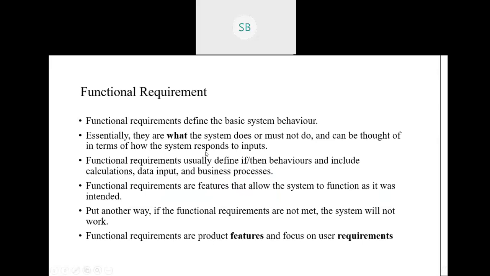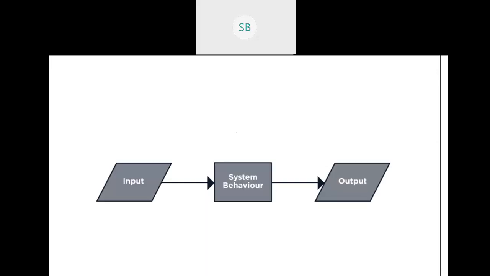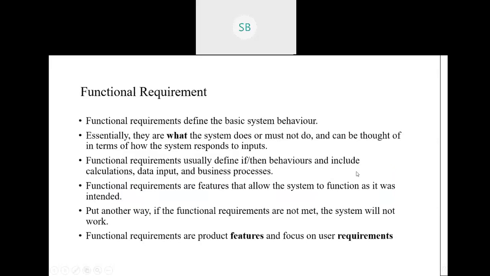Obviously, just like the diagram I showed you now, based on this input only, this behavior will work. This behavior will differ also and will give the output. Functional requirements usually define behaviors and include calculations, data input, and business processes.